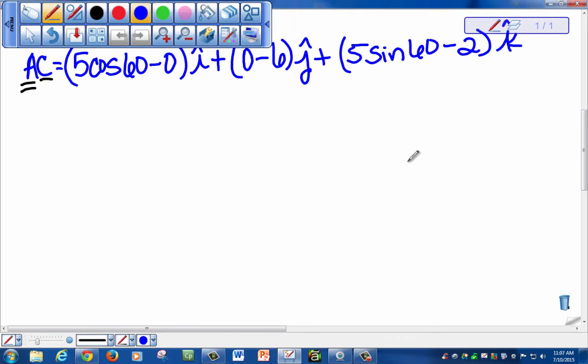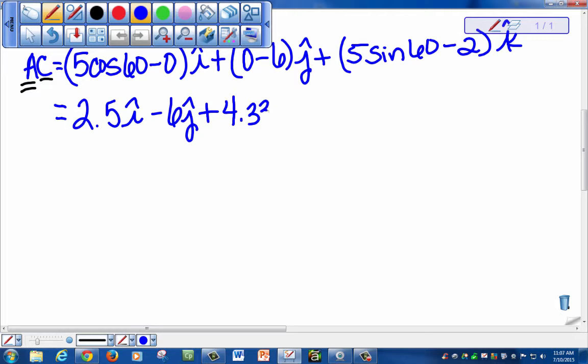Okay? And now we're going to simplify this. This is going to be 2.5 in the I direction minus 6 in the j direction plus 4.33013 minus 2, sorry guys, that should be a 2, in the k direction.